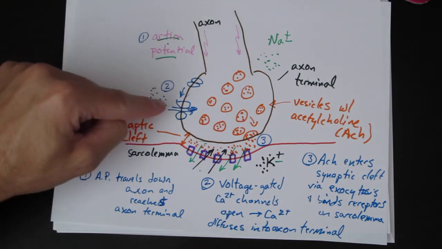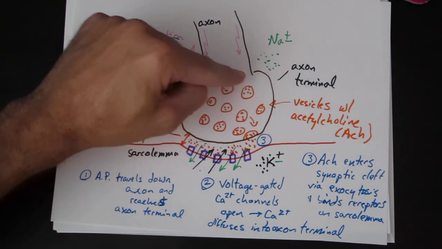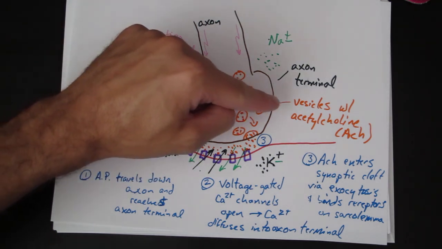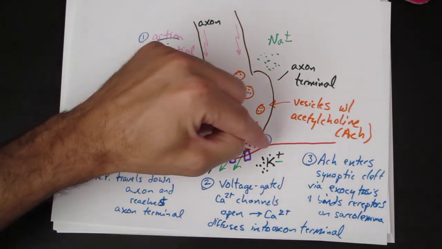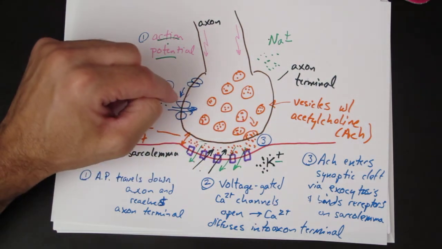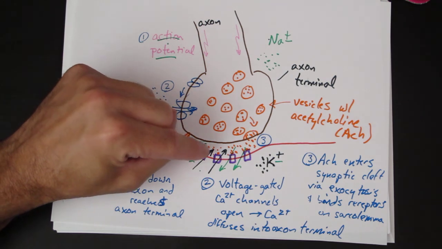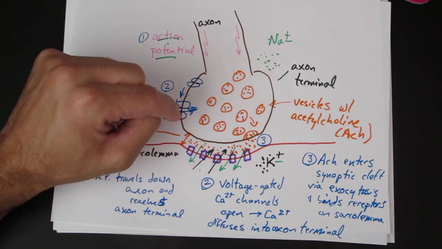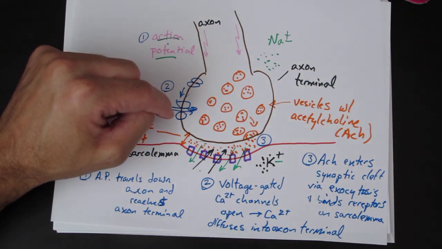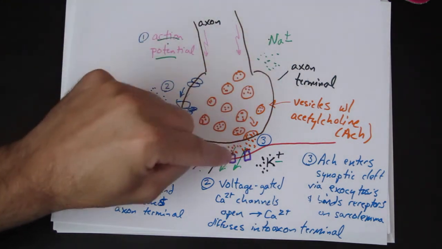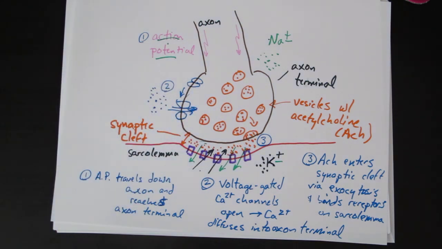The entry of calcium into the cell is going to trigger the exocytosis of these vesicles containing this neurotransmitter acetylcholine. Acetylcholine fills the synaptic cleft, and it binds to the acetylcholine receptors on the sarcolemma, and sodium and potassium then can flow across the muscle cell membrane, starting an action potential in the muscle cell.